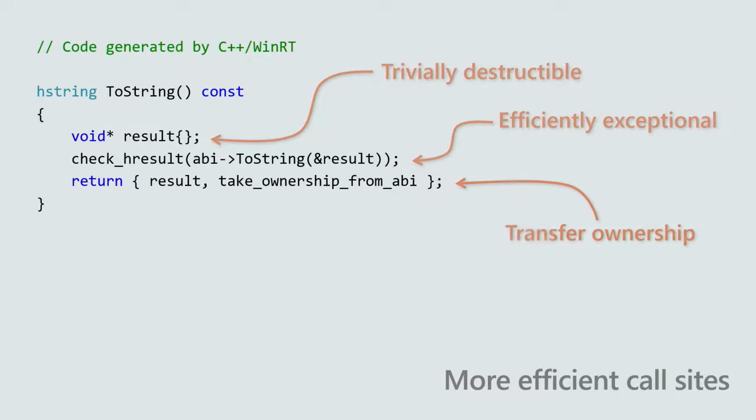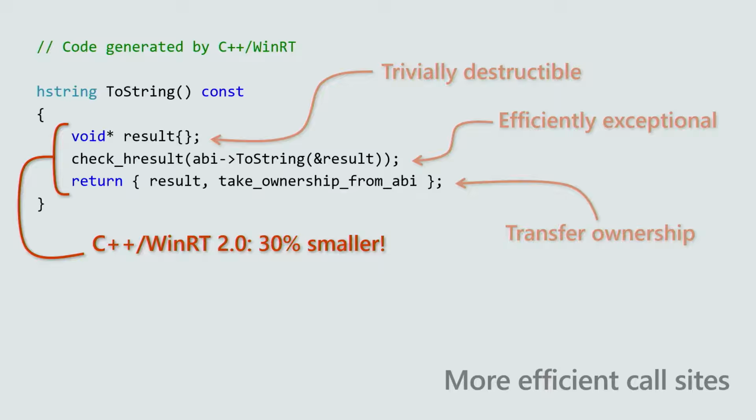The result is that we can now transfer ownership of that local back to the caller so that the caller sees no difference in their code, but we now have the ability to tell the optimizer that this code does not require any cleanup. No unwind information is required by the optimizer to generate for the exception handling, and this produces about 30% smaller code gen on the call side, which is a dramatic improvement for many applications.